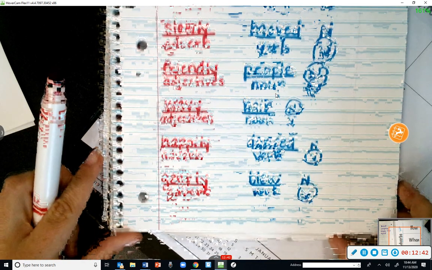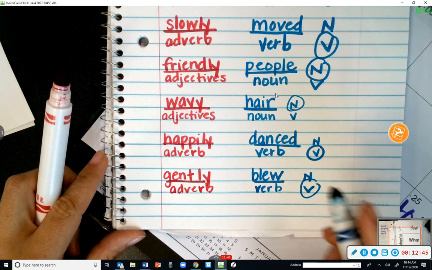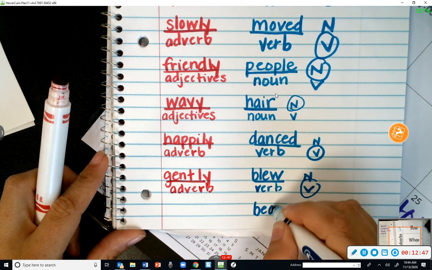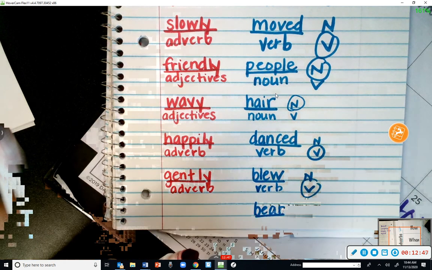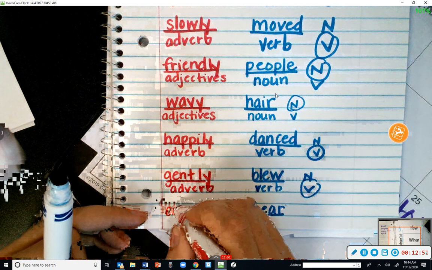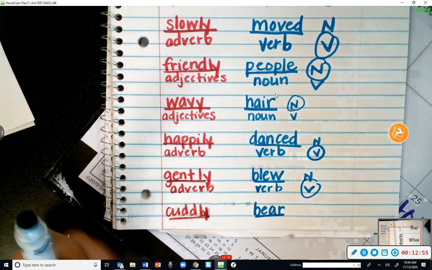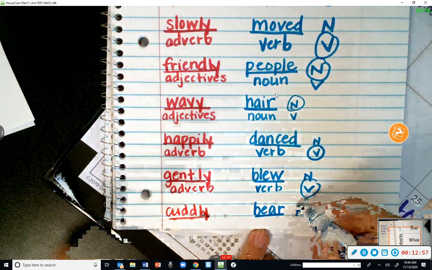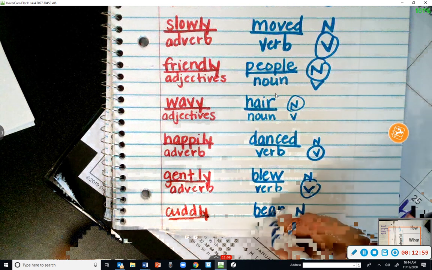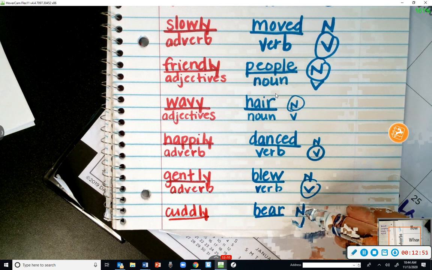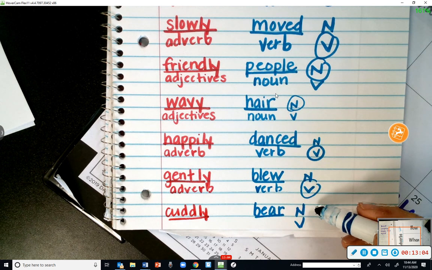Okay, last one. We need to look at what the subject is, what it's talking about. Bear. Is a bear a noun or a verb, Allie?